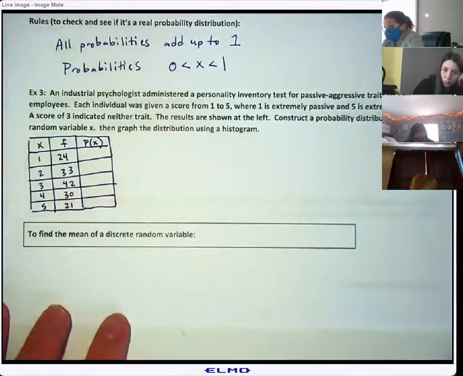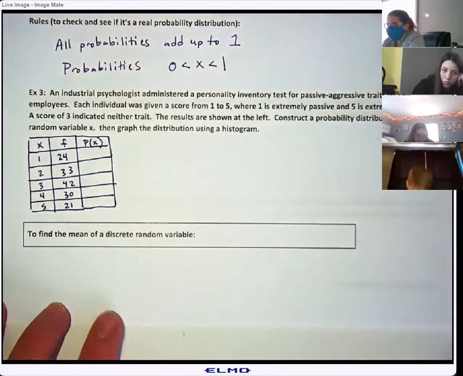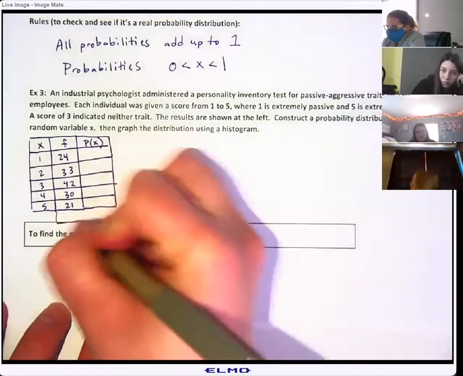The problem says an industrial psychologist administered a personality inventory test for passive aggressive traits for 150 employees. So these must add up to 150.